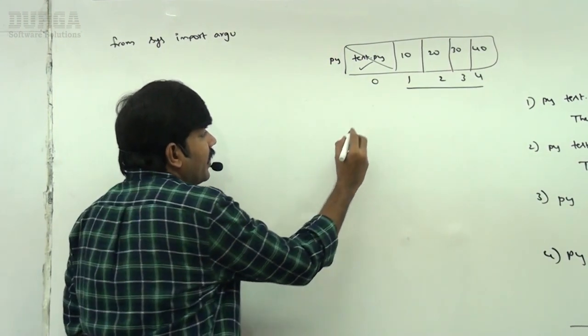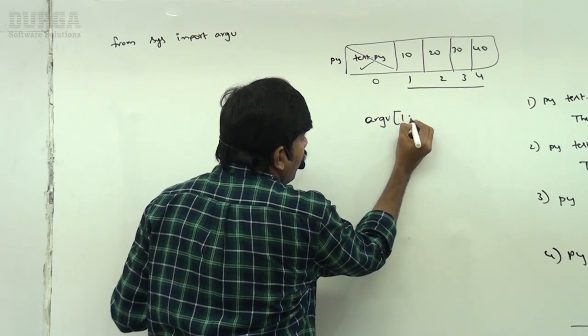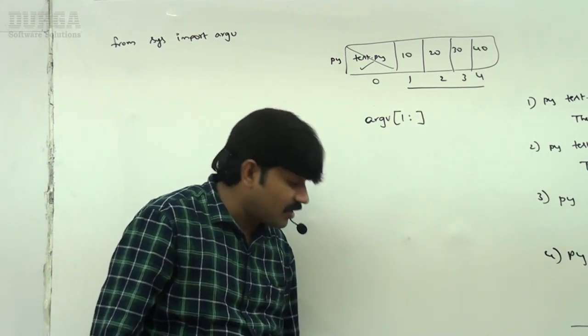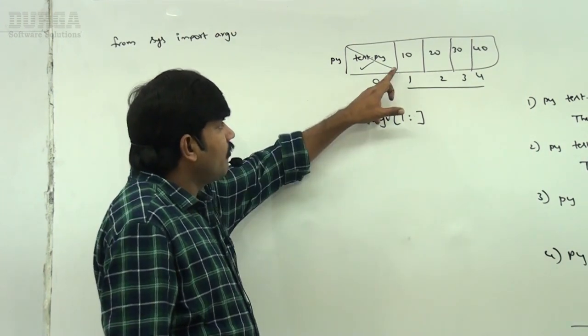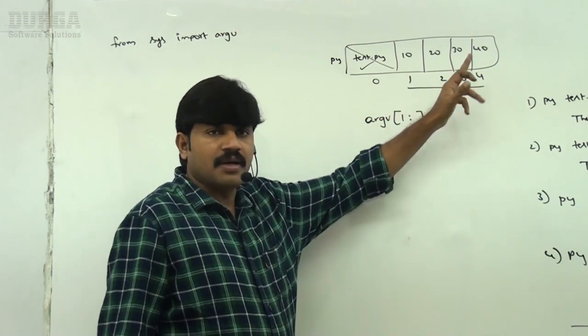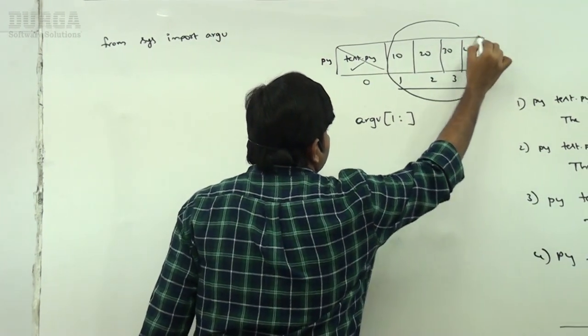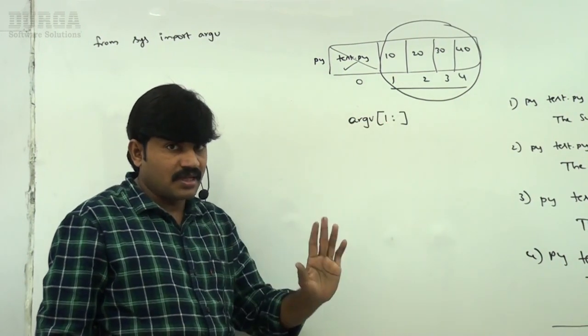Then what do I have to take? argv[1:]. Are you getting it? This operator is called the slice operator. In the last videos I covered it very clearly. From index 1 onwards, the remaining, consider this. So take very special care about this one, sir.